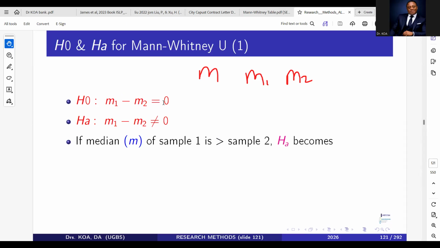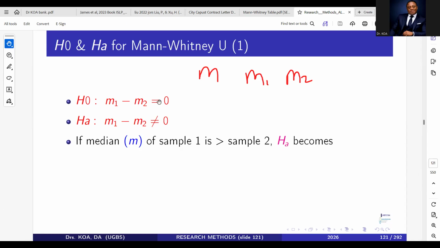Remember, the alternative hypothesis always has no level of equality in it. But the null always has some level of equality in it. If you don't understand, ask.